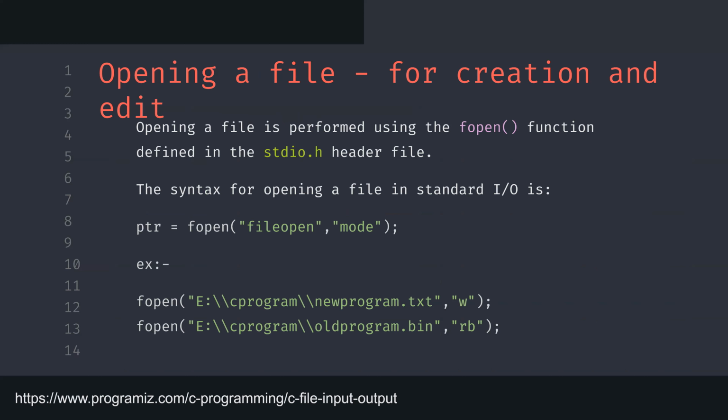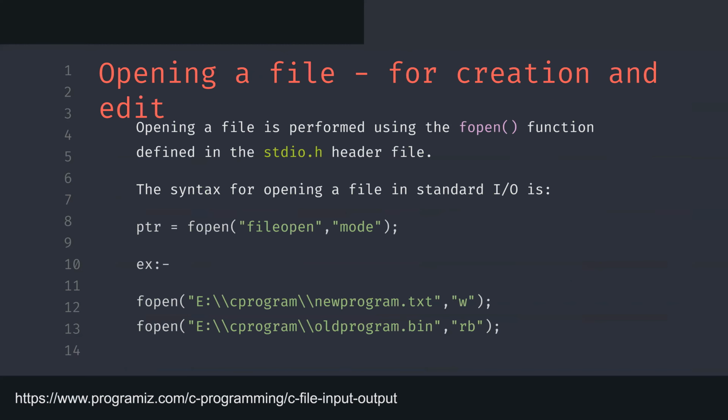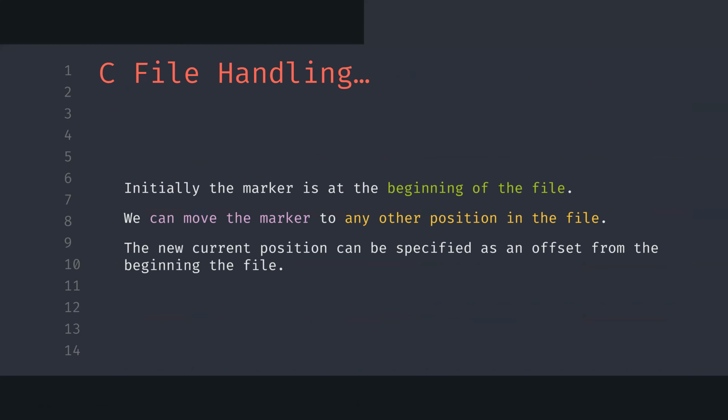So let's consider there was a file called new program.txt, and we have opened that particular file in write mode, w mode, right? Then what will happen is that particular pointer, or marker, will be at the beginning of that file.